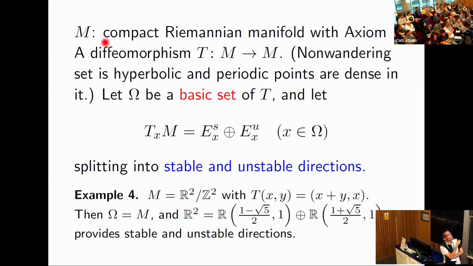Let M be an arbitrary compact Riemannian manifold with some Axiom A diffeomorphism T. Axiom A means that the non-wandering set of T is hyperbolic, and the periodic points are dense in it. Let omega be a basic set of T. The precise definition is somewhat difficult, but basically the non-wandering set has some natural decomposition into basic pieces, and each basic piece is called a basic set.